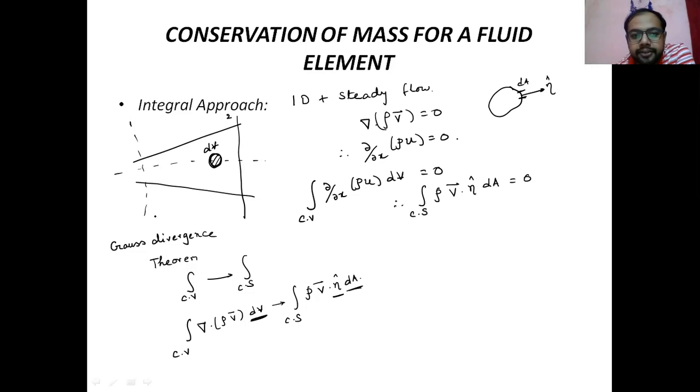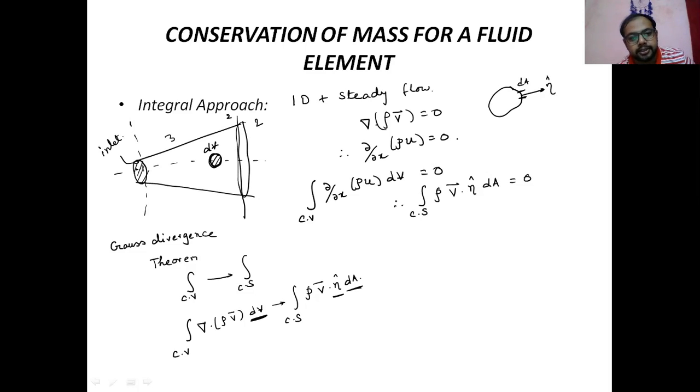Here, how many surfaces are there? This is surface number 1, the inlet surface. There is an outlet surface, or surface number 2. And the other part of the body is where no mass transfer is taking place.